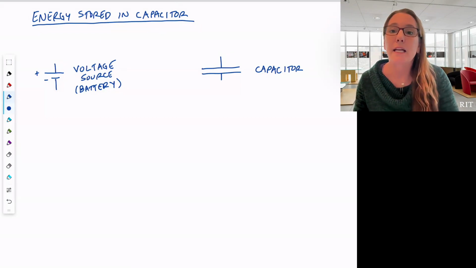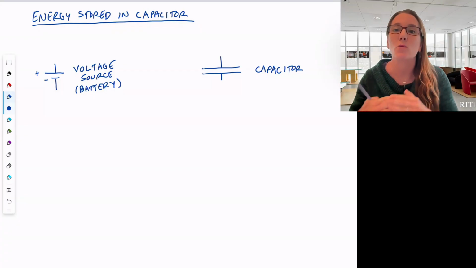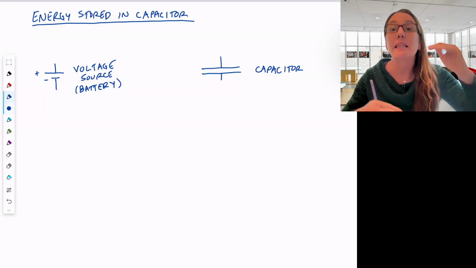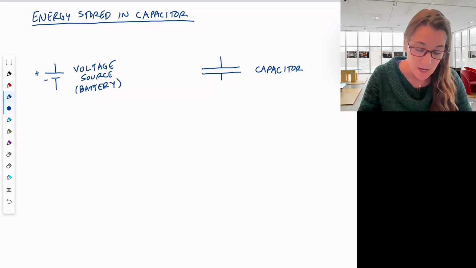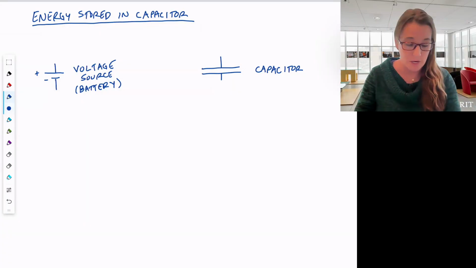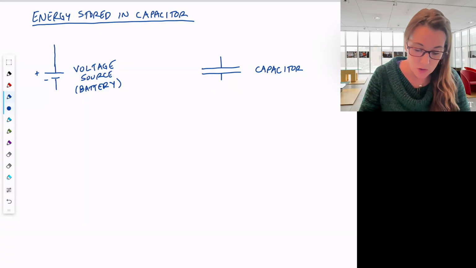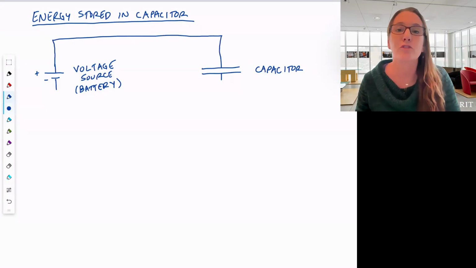And so what we're going to say is, okay, let's say I want to apply this voltage to this capacitor. And again, what that's going to do is create this hill of different energies. The one side that's at positive voltage is the higher hill, the lower side is the lower hill. And so what we do is we just draw our wires connecting these, and we assume perfect wires.